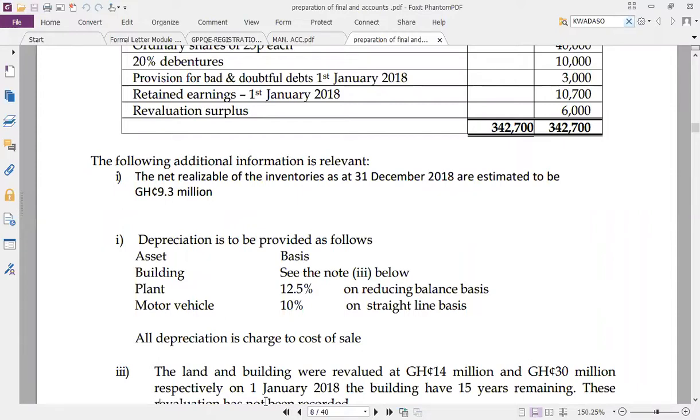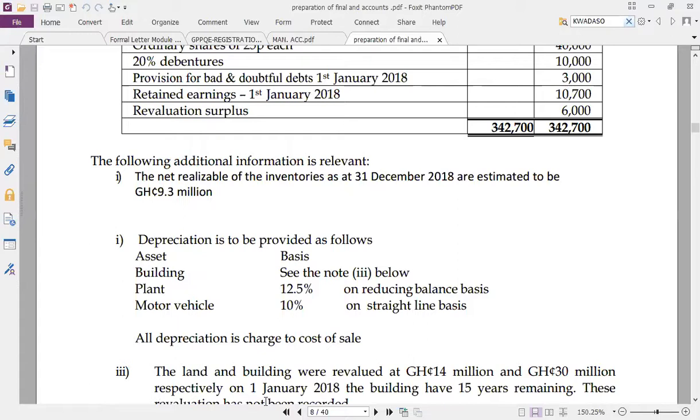Now plant 12.5% on reducing balance method. Then motor vehicle 10% on straight line. And we're told that all depreciation is charged to cost of sales. If not, then we would probably charge the plant to cost of sales, building and motor vehicle to admin or distribution.